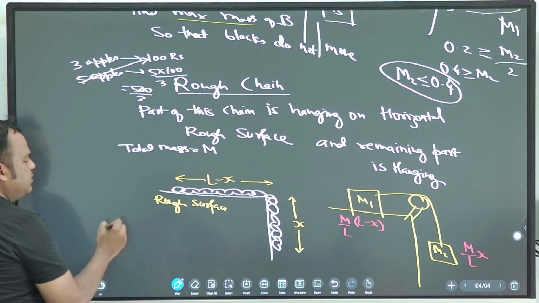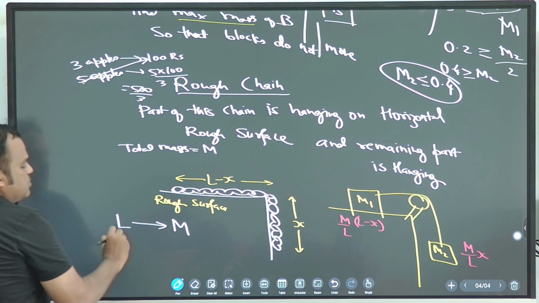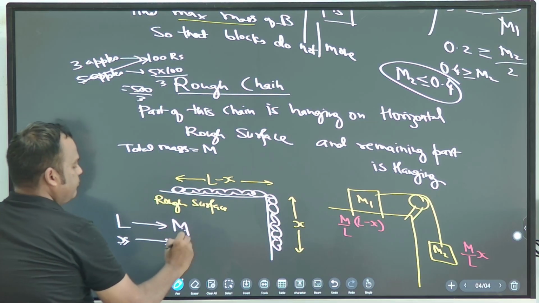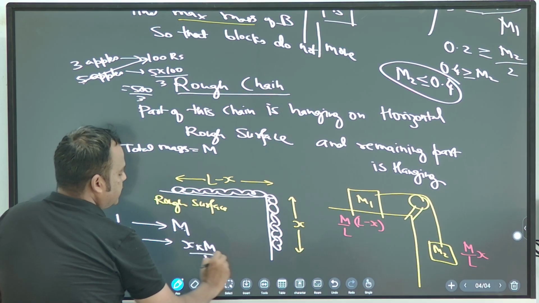Like this only, when the length is L, the mass is M. So when the length is X, what is the mass? X into M by L.